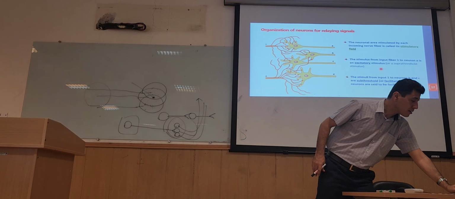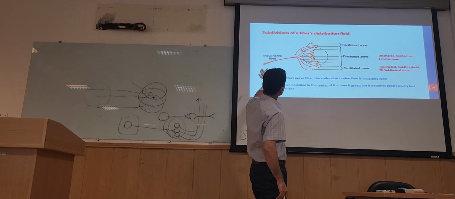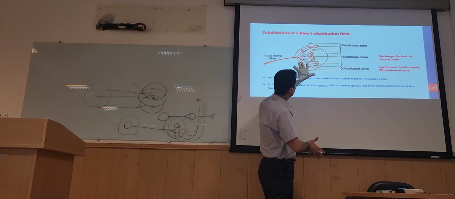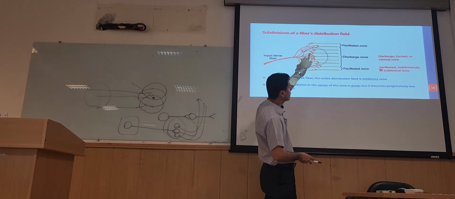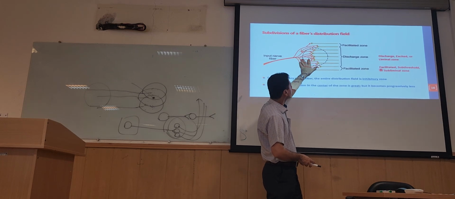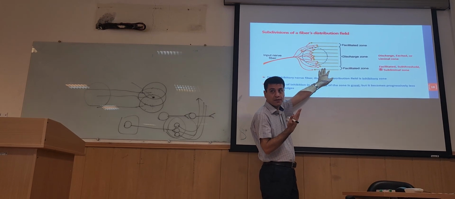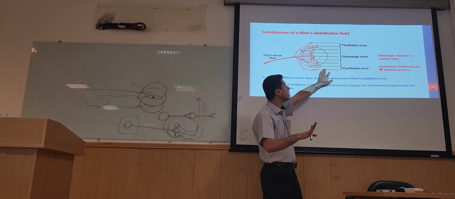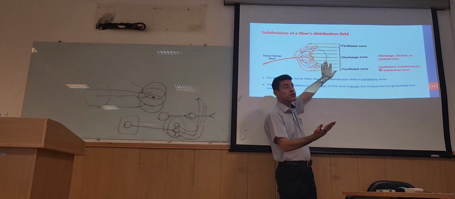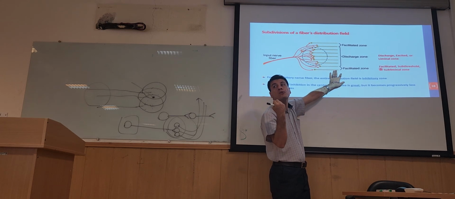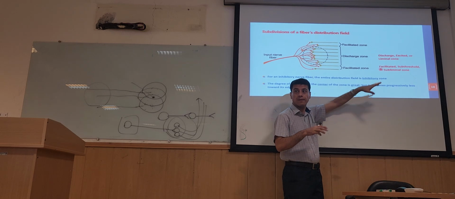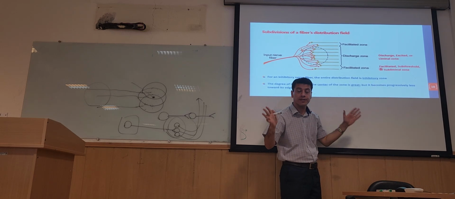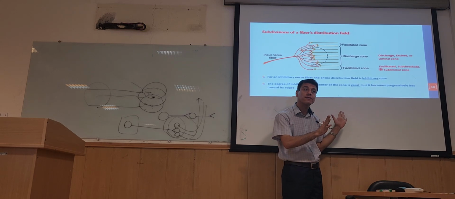So, the input neuron makes several branches, so we call this stimulatory field or distribution field. The central region of the distribution field has more branches, so neurons located here receive more branches, so they receive suprathreshold stimulation. We call this the discharge zone, the zone where neurons are activated if the input neuron is active.